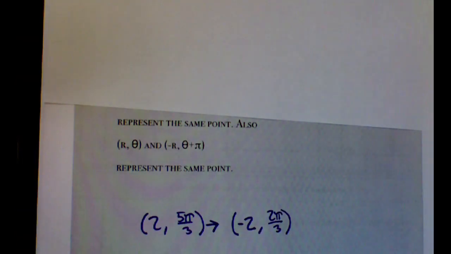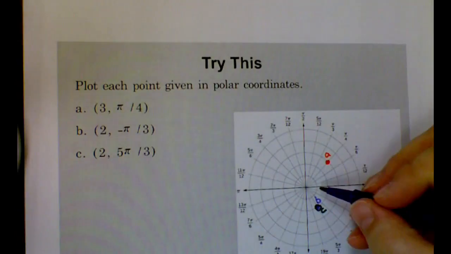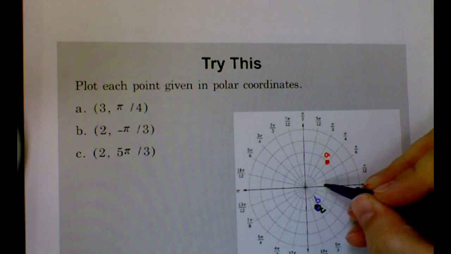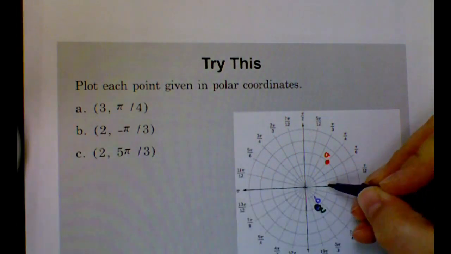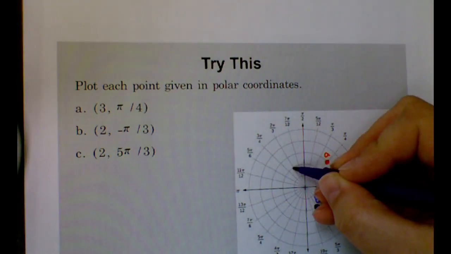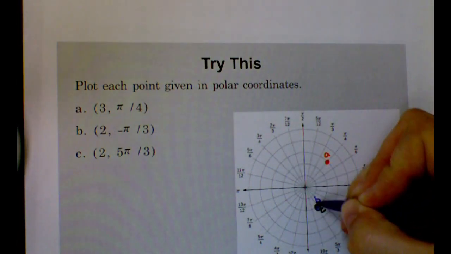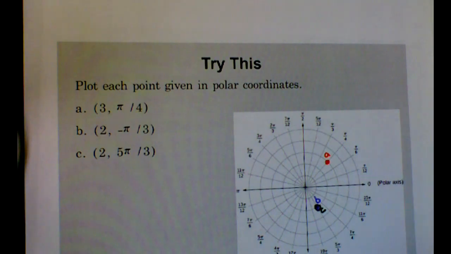That's the same exact point, because my radius is negative 2, but I just like to say 2, and then I said 2 pi over 3, but instead of going 2 forward, I actually go 2 backwards, and look at that, I'm on the same point.